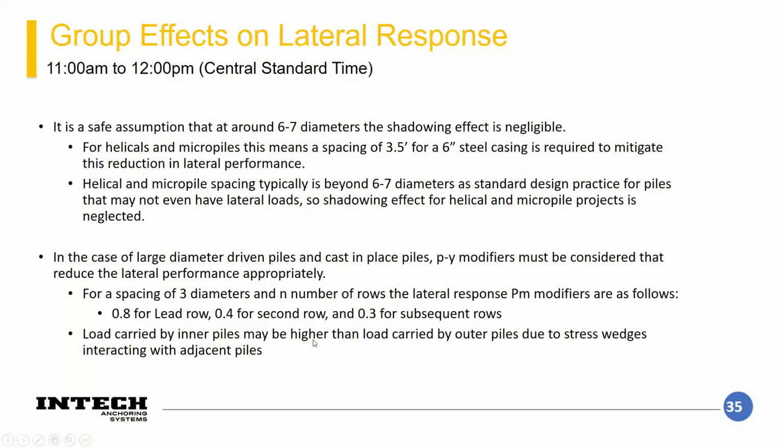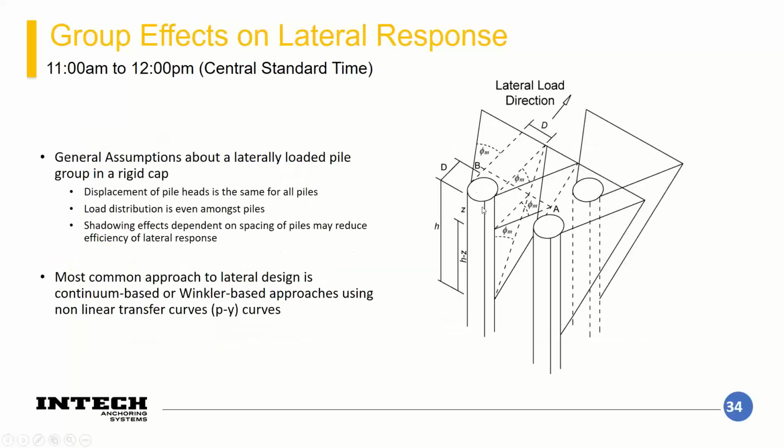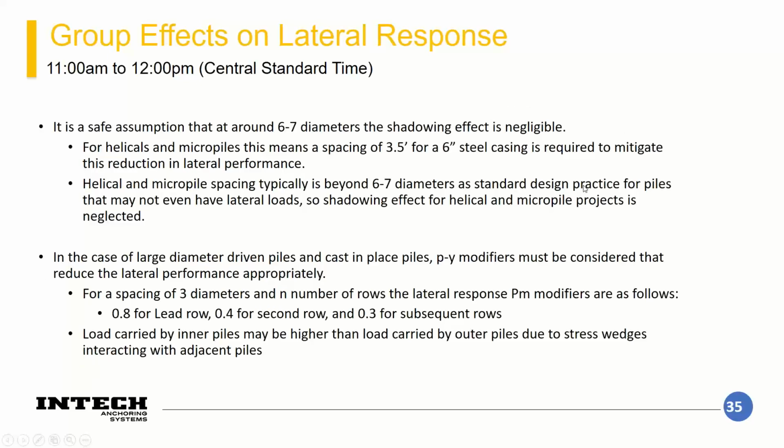But when you do have to consider it, if you've got driven piles or auger cast piles or larger diameter piles, you basically use modifiers for the P-Y curves to reduce the soil response, depending on what row you're in with your lateral load. If this is your first pile, nothing is hitting this one, but your second row is going to be hit. For subsequent rows, it has more and more impact on that pile's lateral load carrying capability. And again, I want to stress that when you're using smaller diameter piles, that effect gets completely mitigated.